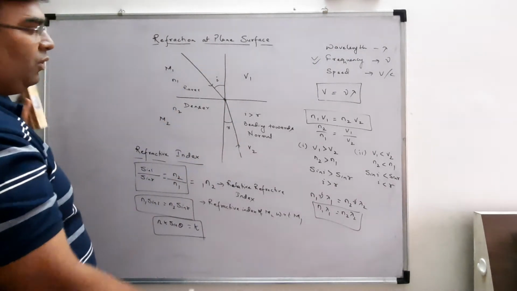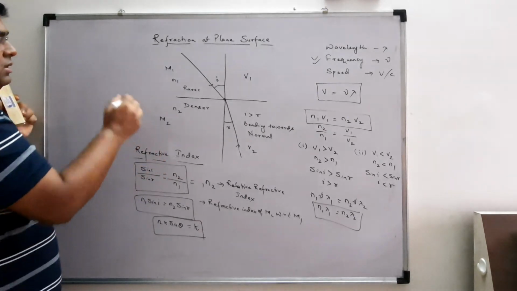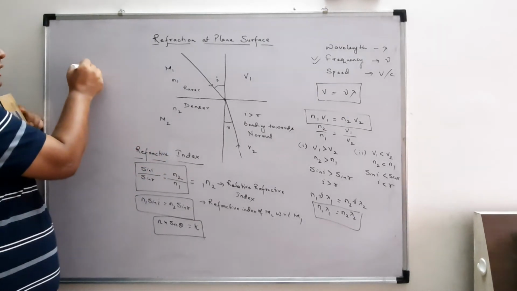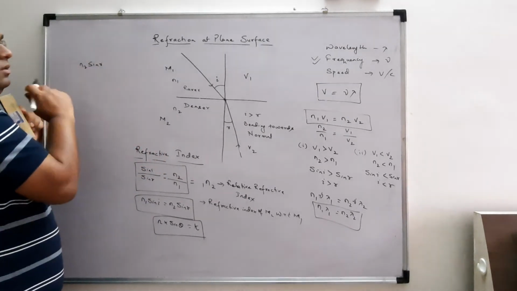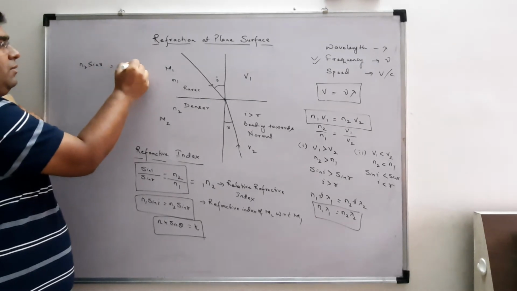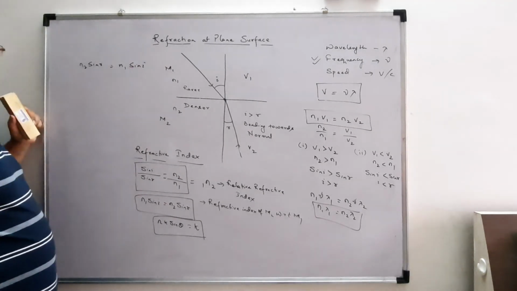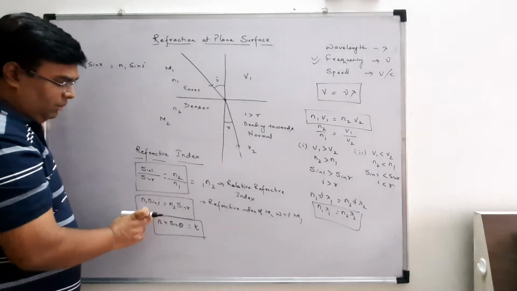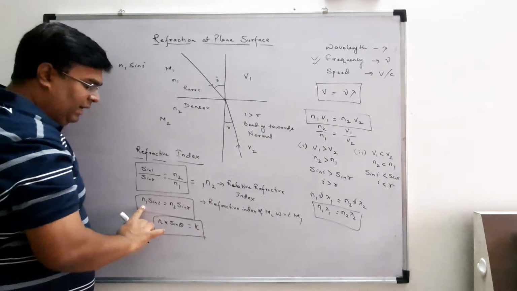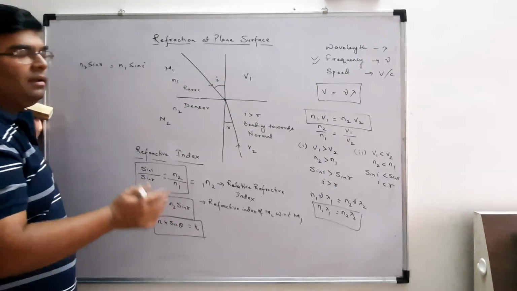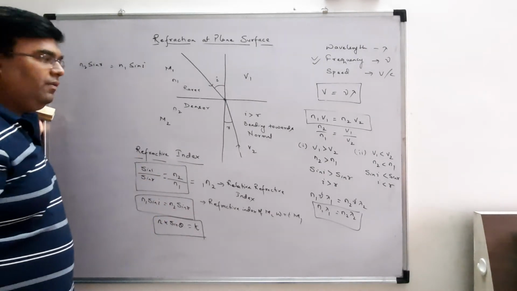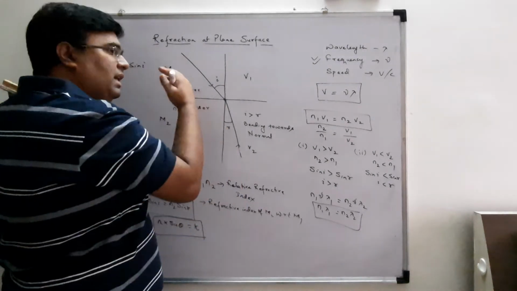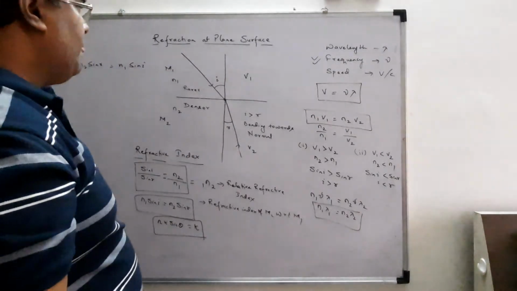If you follow the same rule, Snell's law, this time again n2 sin r is equal to n1 sin i. We follow the same thing: the product of the refractive index and the sine of that angle is always constant. So when the light is traveling in the reverse direction, we follow the same rule.